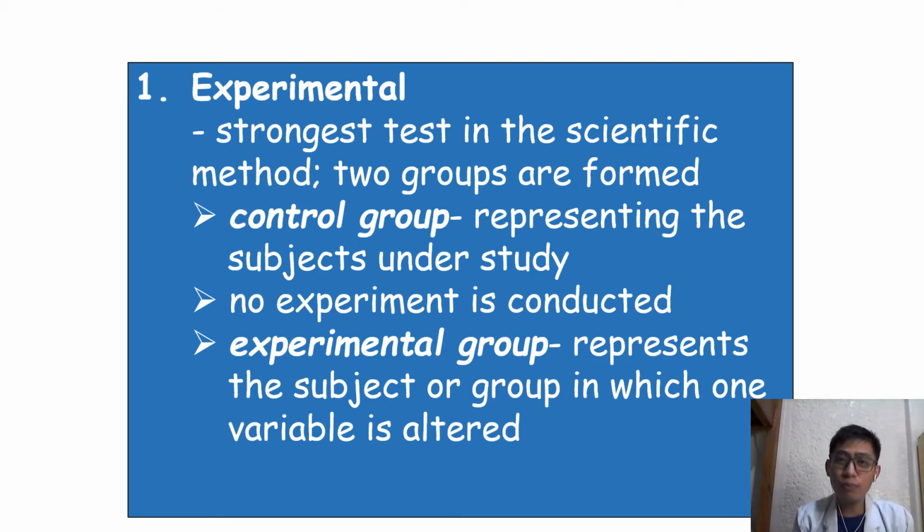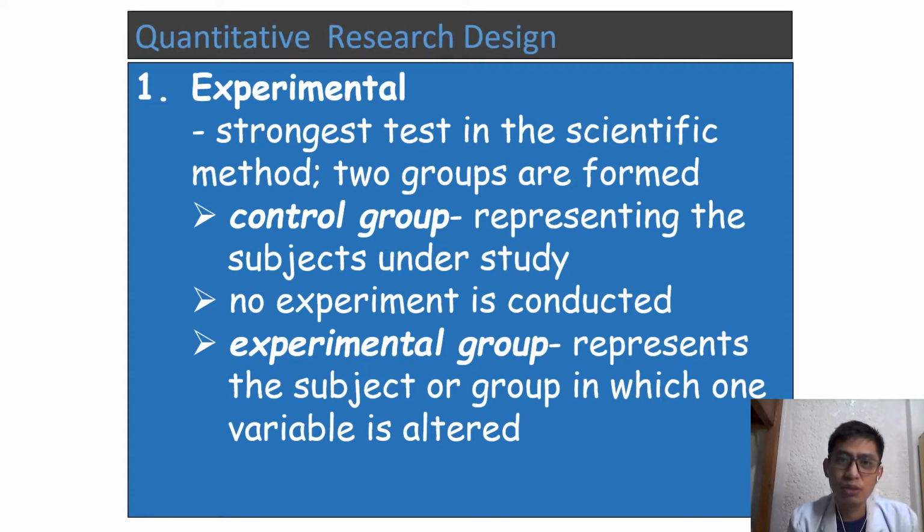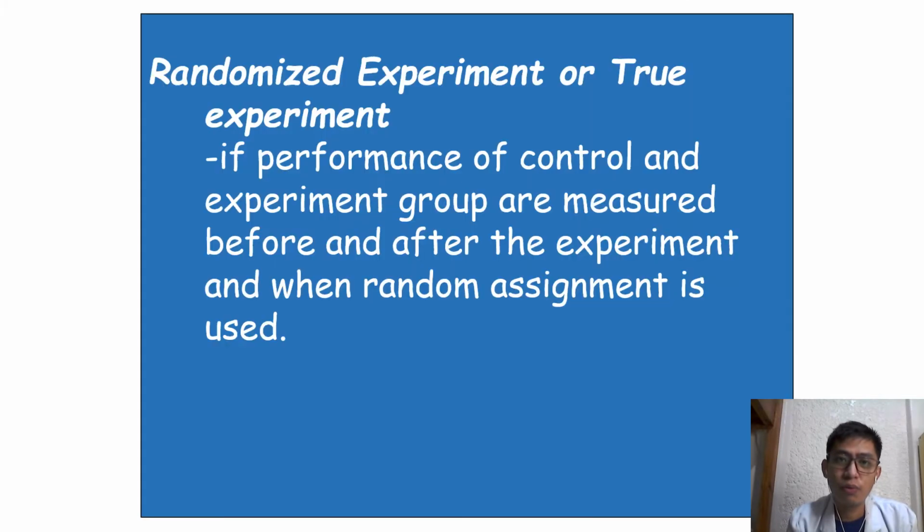The control group has no manipulation. The experimental group represents the group in which one variable is altered. In a randomized or true experiment, the performance of the control and experimental groups is measured before and after the experiment, and random assignment is used.